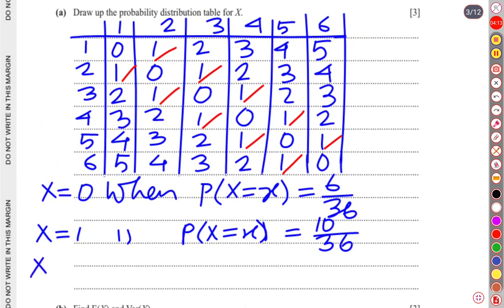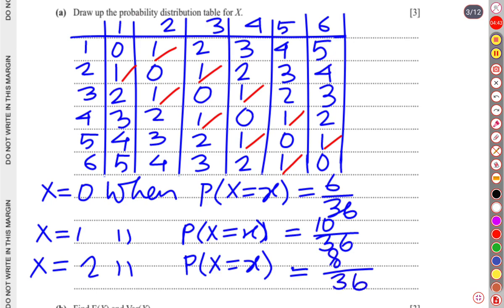Well, then the next x value. When x is equal to 2, our probability is going to be, so how many 2's are there? Let's count. 1, 2, 3, 4, 5, 6, 7 and 8. There are 8 2's, so 8 over 36.